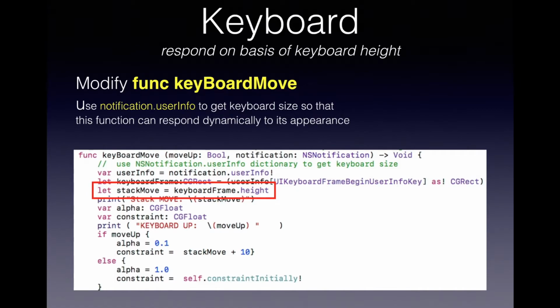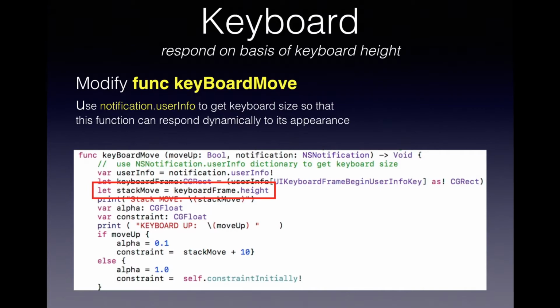Regardless of what phone you're on or what angle, it just gives you that height. So you're no longer concerned about where you started from or any of that. And then you take that and you call it a stack move.